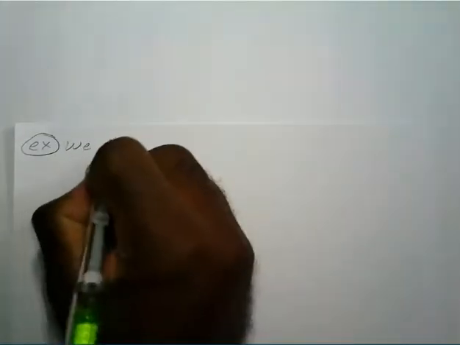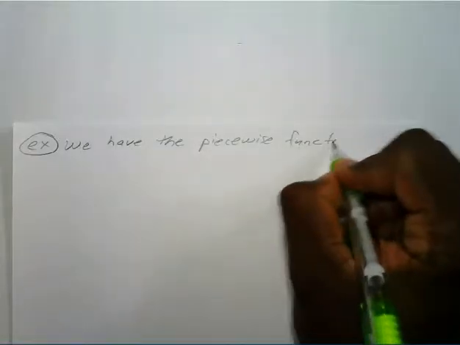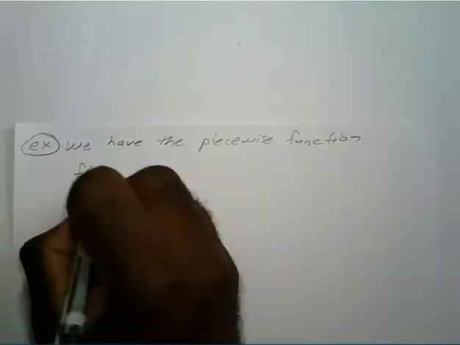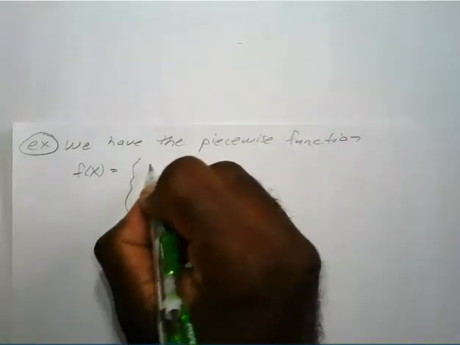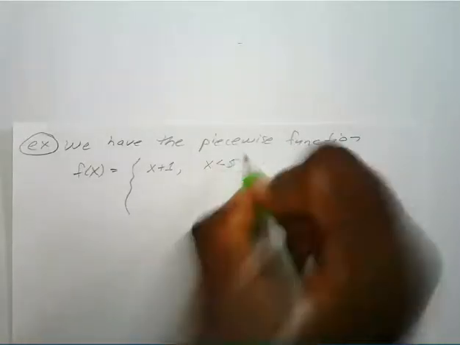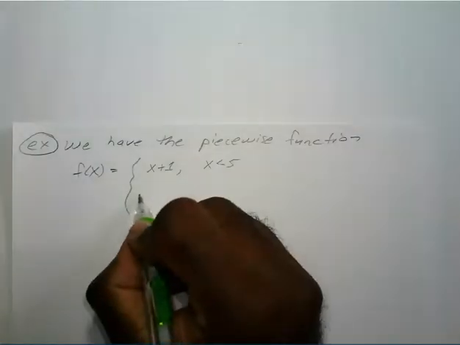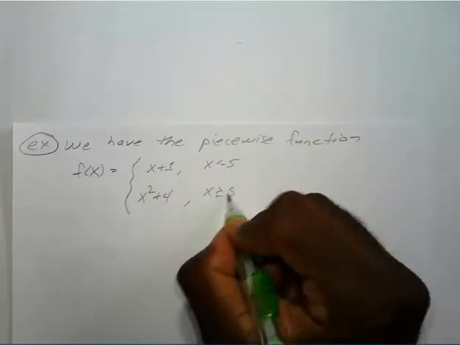Let's say we have the piecewise function f of x equal to, with a bracket, x plus 1 when x is less than 5, and x squared plus 4 when x is greater than or equal to 5.